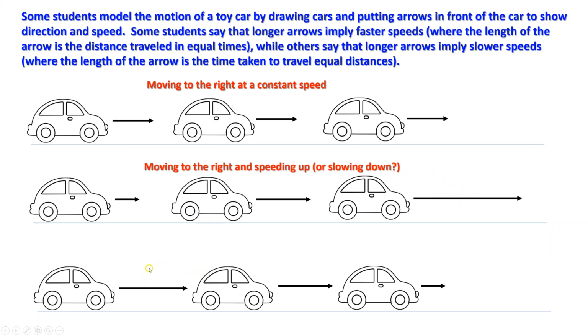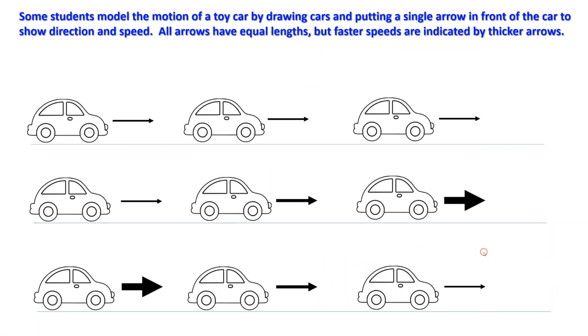In the third row, the arrows get shorter as we move to the right, so this would imply the car is slowing down while moving to the right, assuming those arrows represent distances. This is why it's important to provide some type of way of interpreting your models so that there wouldn't be confusion on what they mean.